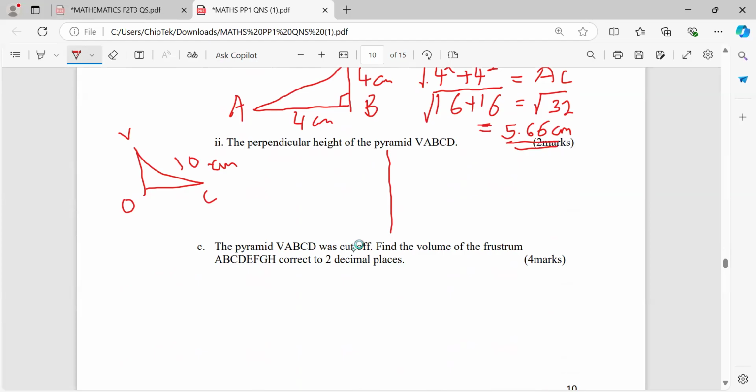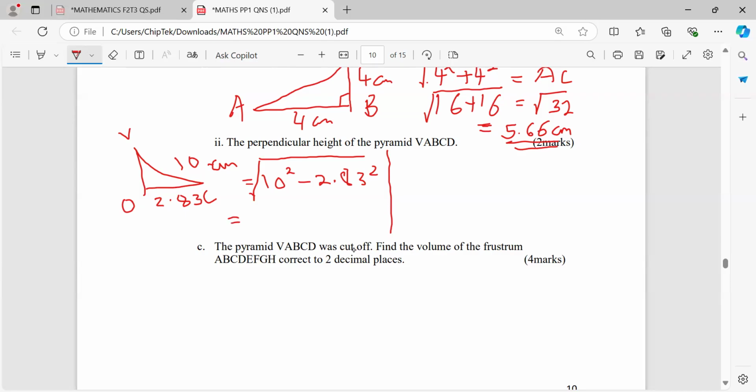Hii mpaka hapa tunajua ni ukidivide na 2 5.66, if you divide by 2 itakupa ngapi? 2.828, I'll say 2.83. Okay, so utafuta nini? Hiyo height. So what do you do? The same thing, tutafanya 10 square minus 2.83 square, hii kwa sababu ni hypotenuse ushapewa 10, and then square root.